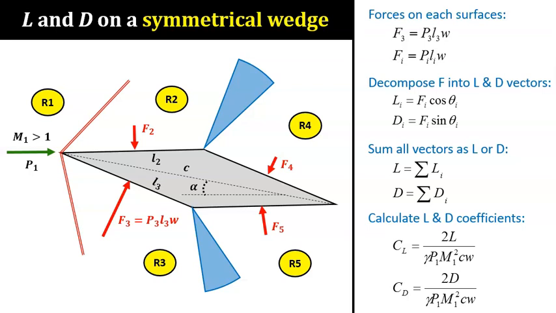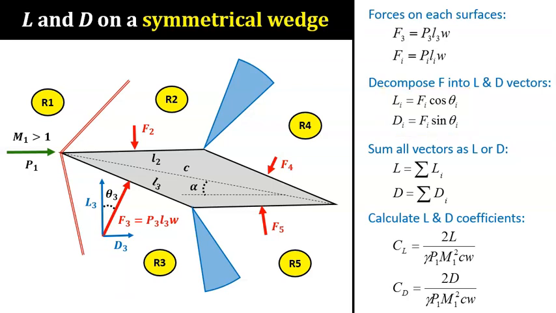So we need to decompose each force vector into its lift and drag components, which have different values for different surfaces. For example, looking at F3, the lift and drag can be easily decomposed using the equation in the box, which is the same as the ones used for the case of the flat plate.